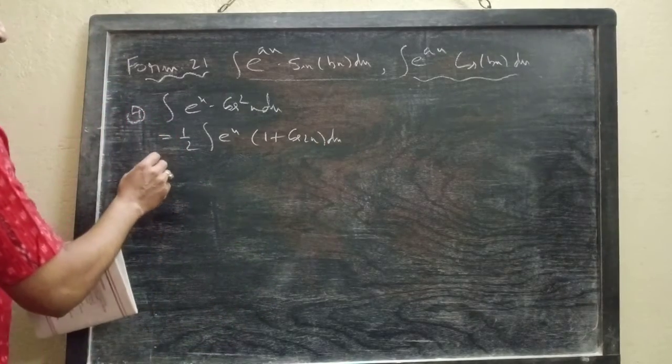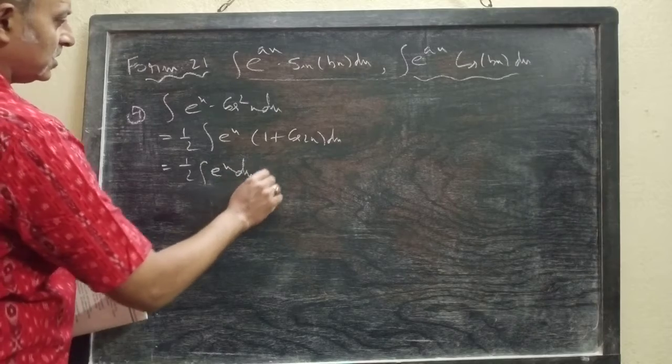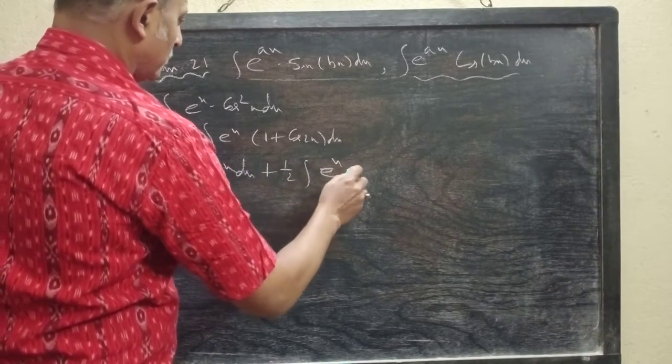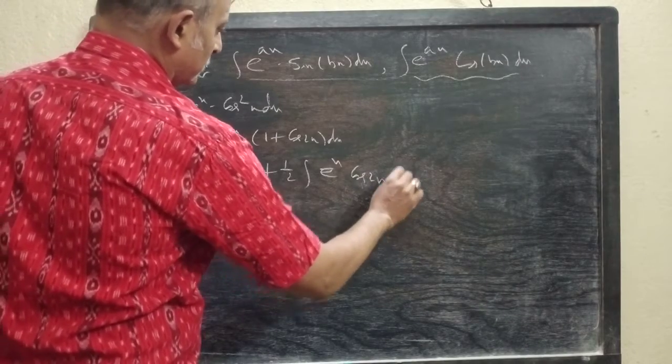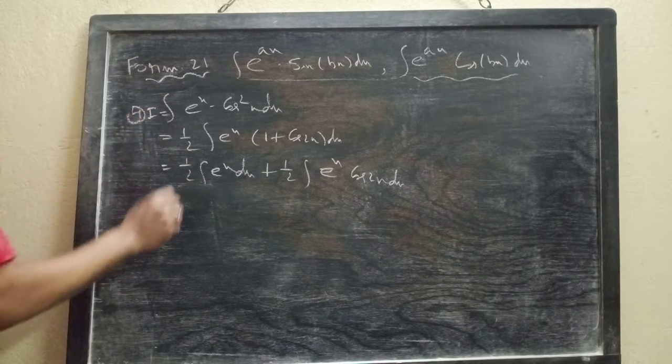Yes. Now you have to split it into two integrals. First one is this, and the second one is e to the power x cos 2x dx. This is I, say.